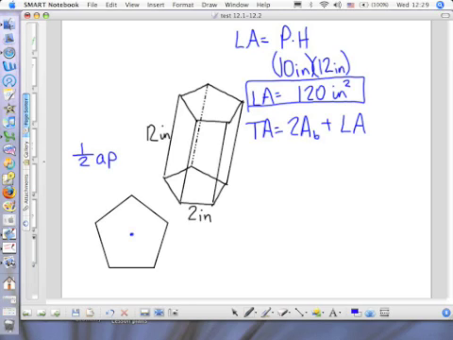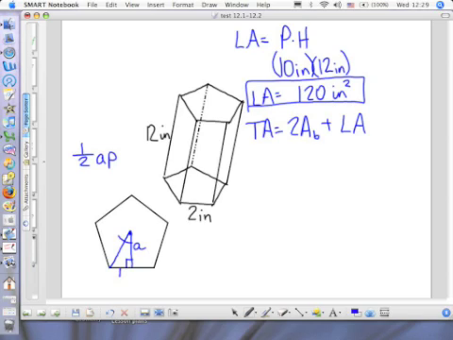Okay, so that means we need to find A, because we know we can find perimeter. All right, so we start with our little reference triangle, which would be here. If one side is 2 inches long, then this is 1 inch long. I need to know my apothem, which would be this.